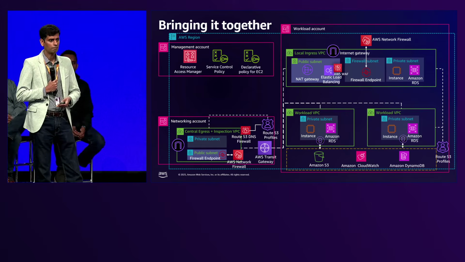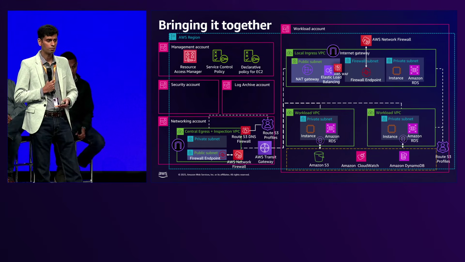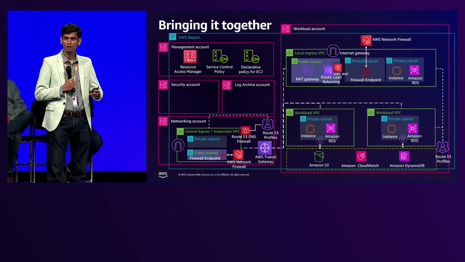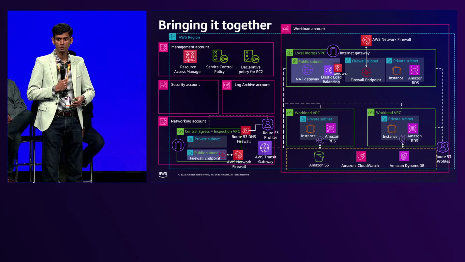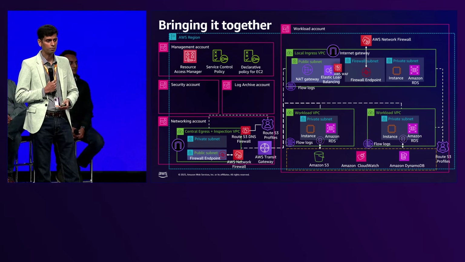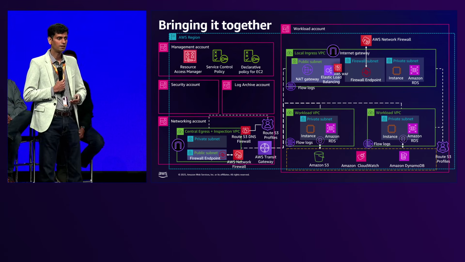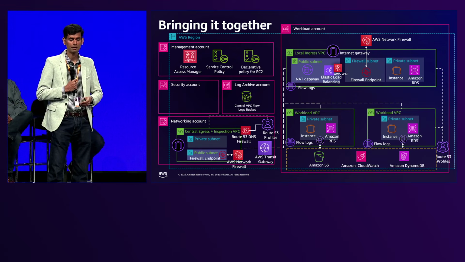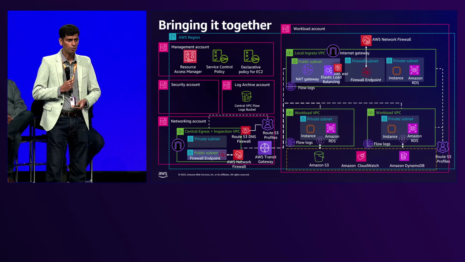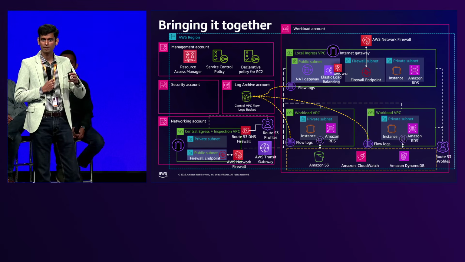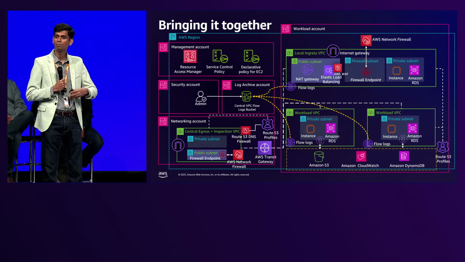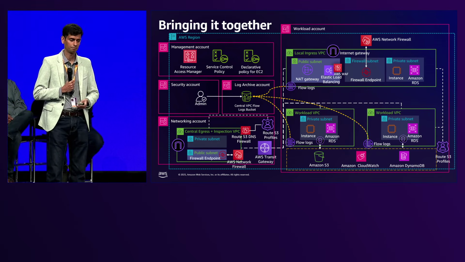As part of the multi-account strategy best practice, you can create a security account and a log archive account, and then have your VPC flow logs captured from all your VPCs and sent centrally to a central VPC flow logs bucket. From here, the security admin can have access to this flow logs bucket and perform security analysis.